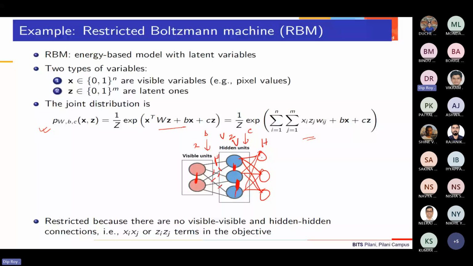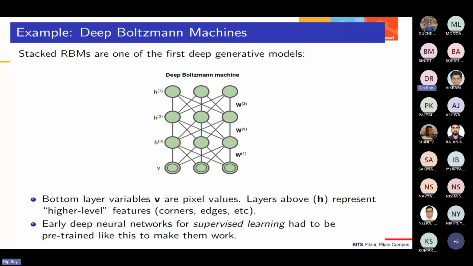Empirically, it has been shown that if you stack up these layers together, you are able to train a neural network without the vanishing gradient problem, because you have already pre-trained these stacks. That is essentially nothing but the deep Boltzmann machine, which is this.